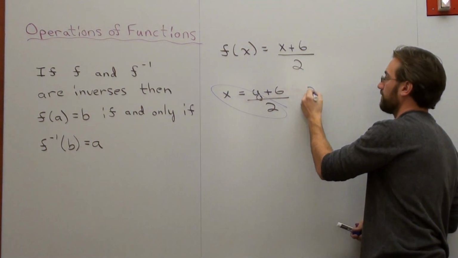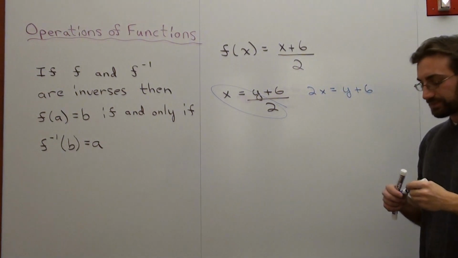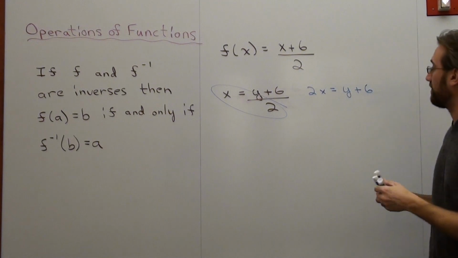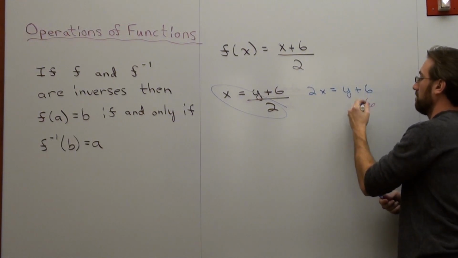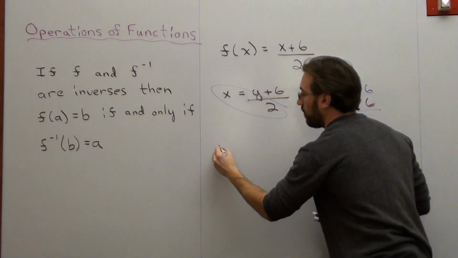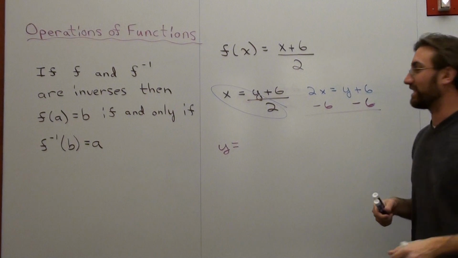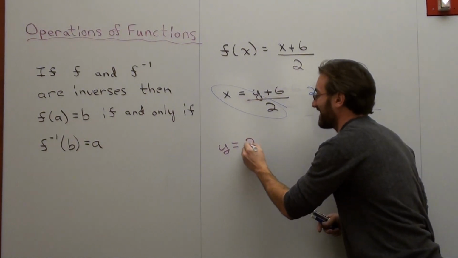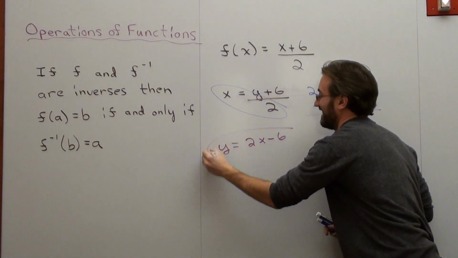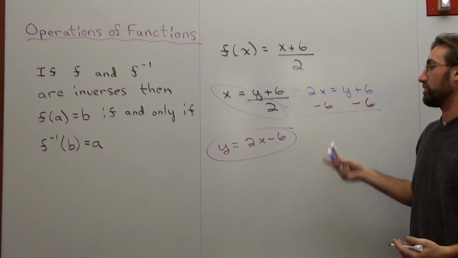So 2x equals y plus 6. Now y is almost by itself, I have to subtract 6 on both sides. And I get y equals 2x minus 6. That's the inverse of y equals x plus 6 over 2.